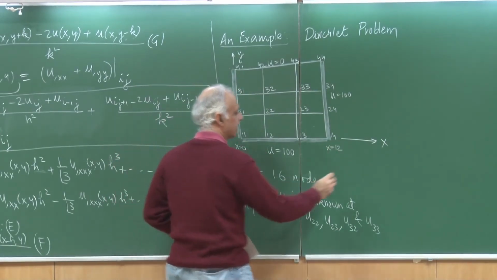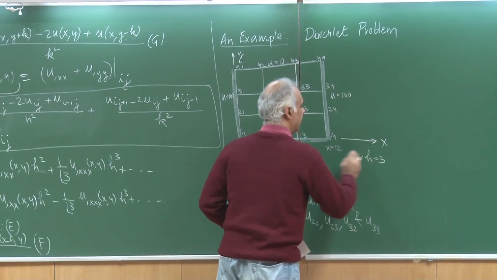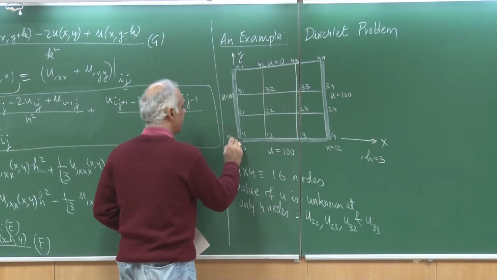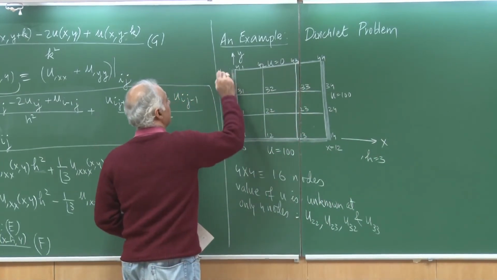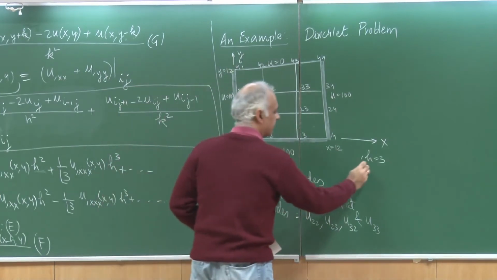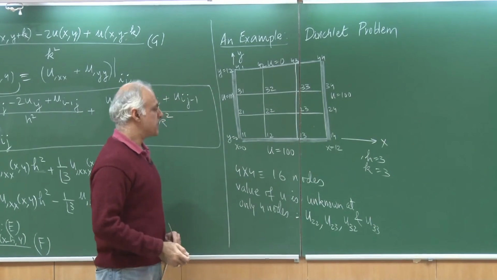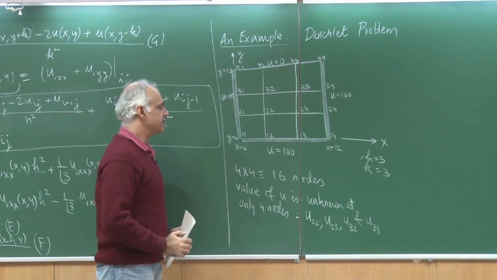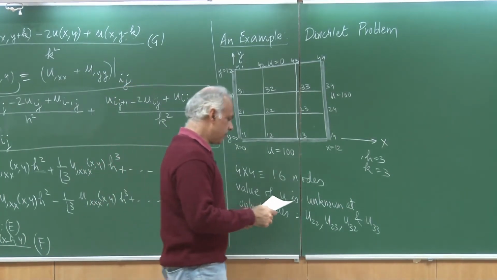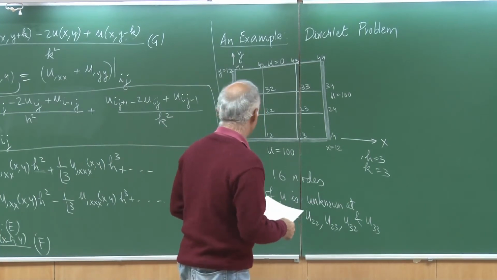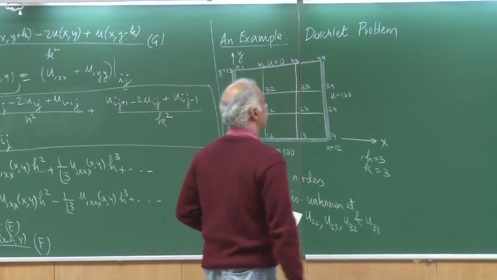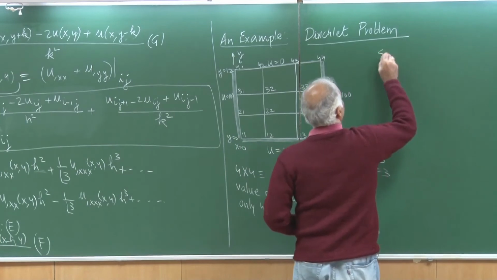So, I am using h as 3. Similarly, I will take y equal to 0 and this is y equal to 12, and I will also take k equal to 3. Okay. All right. So, let us set this up. If you recall, the stencil that I have is the following.